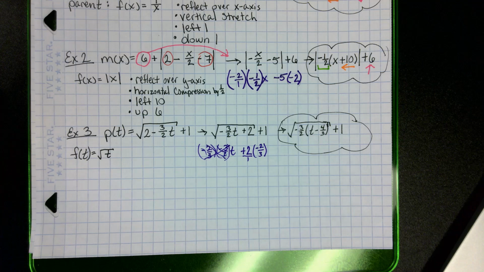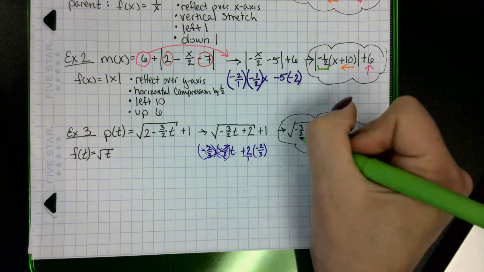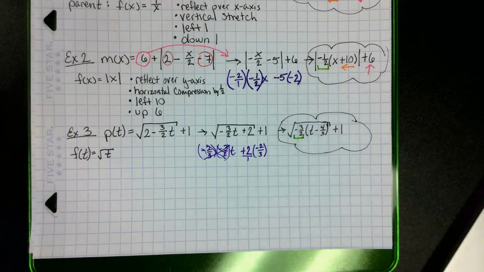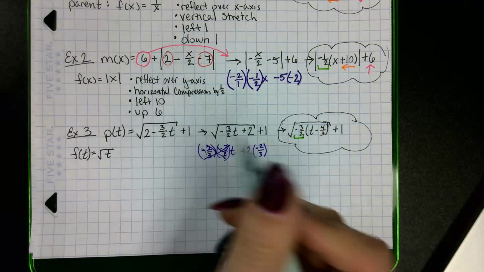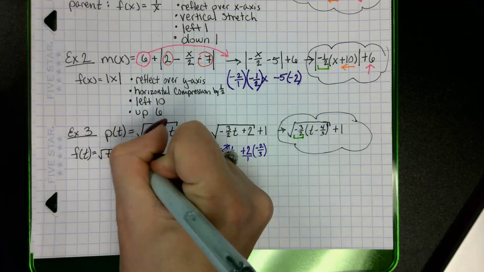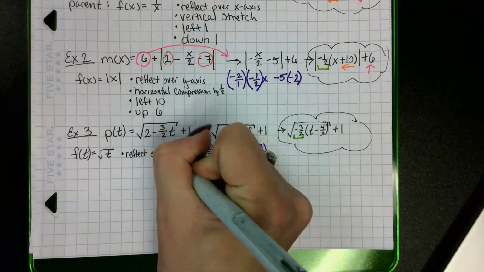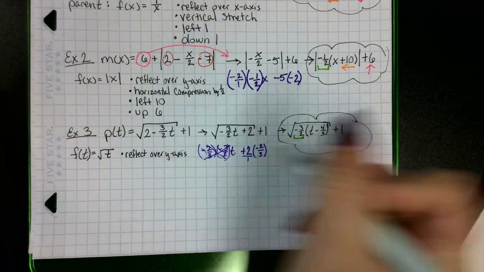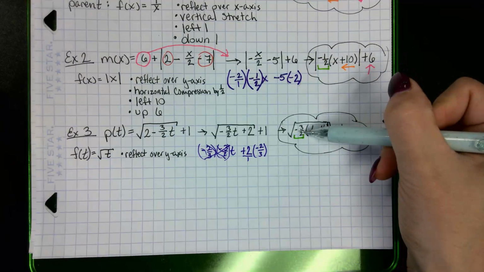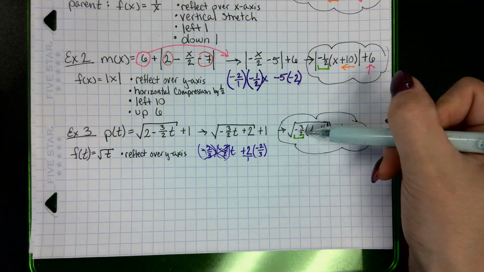And my transformations, they begin inside the radical, so that makes this a b. So I have a reflection across the y-axis. Reflect over y-axis, because it's negative. 3/2. 3/2 is greater than 1. So this is a horizontal stretch.